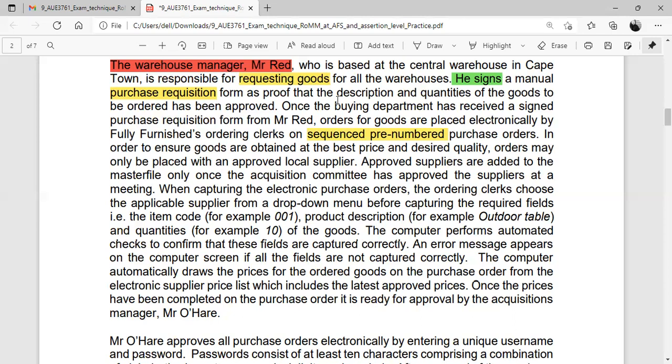Absolutely. So you have identified a control, and the control is approved suppliers are added to the master file once the acquisition committee has approved the suppliers at a meeting. So you have given me a control, and can you test your control again? Please repeat what you've just said.